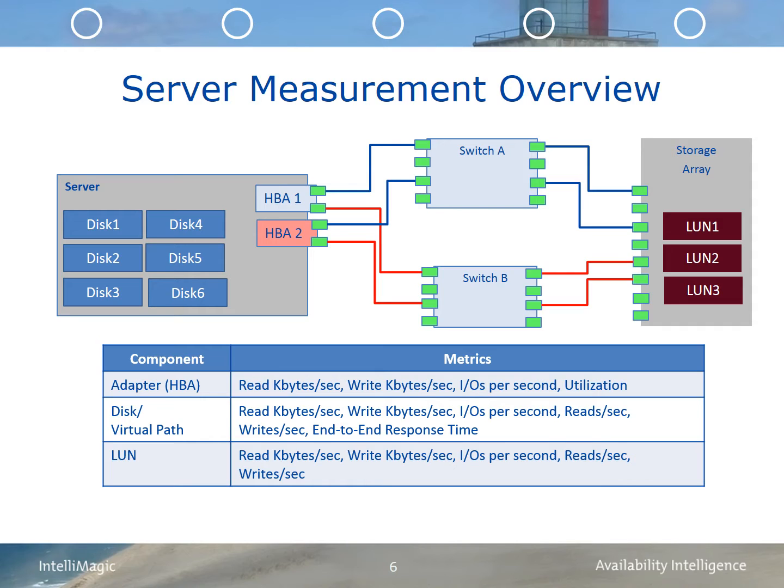You can also take a look at the disk or virtual paths and the throughput, the IOPS, and oftentimes the end-to-end response time. From the perspective of the server and the LUN, you can often get the read and write throughput and I/O rates, and occasionally you can get the response time, depending on the platform.